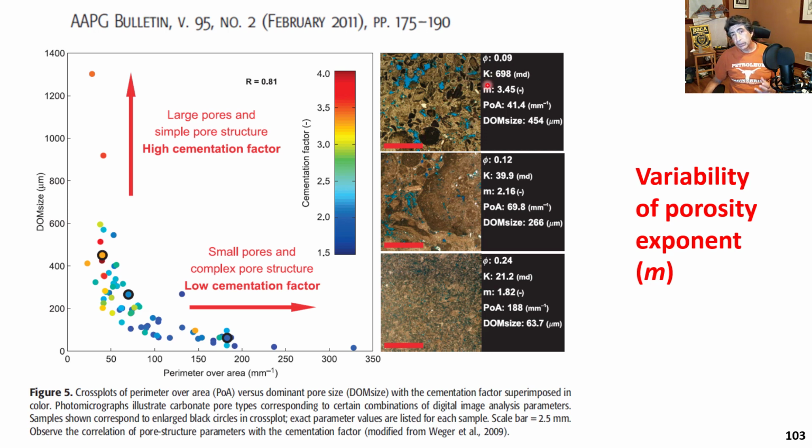And that m exponent, what I want you to take into account is that the larger the value of m, the less efficient the pore space is to conduct electricity through all the pore water that we have in the pore space.